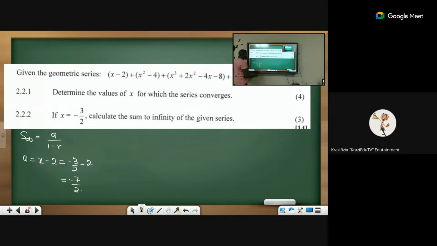Somebody confirm that? -7/2. Confirm. Use fractions. You know, it's always a lot easier. Let me know if that is correct. Just waiting for your response.